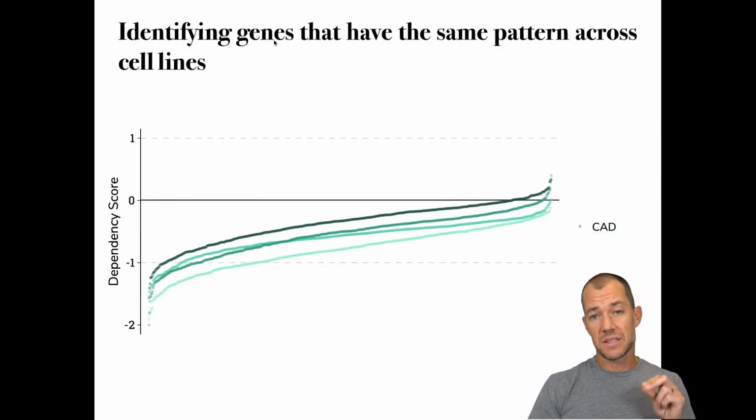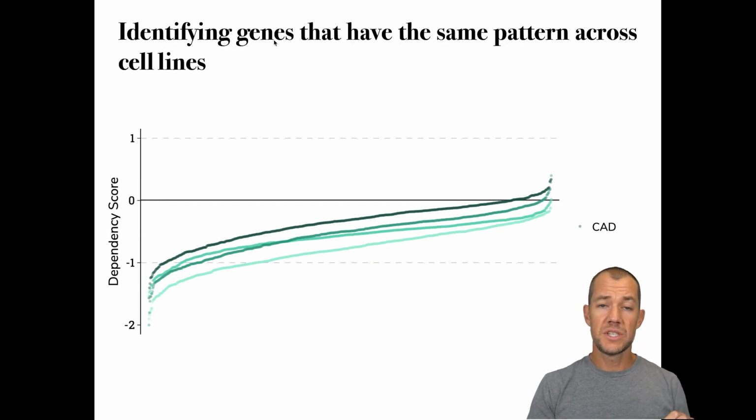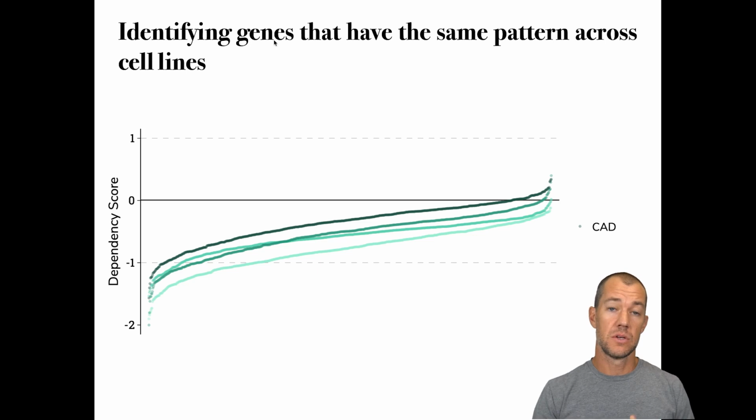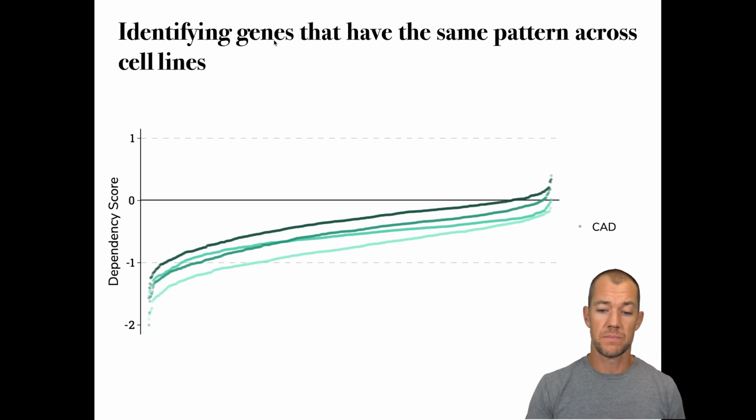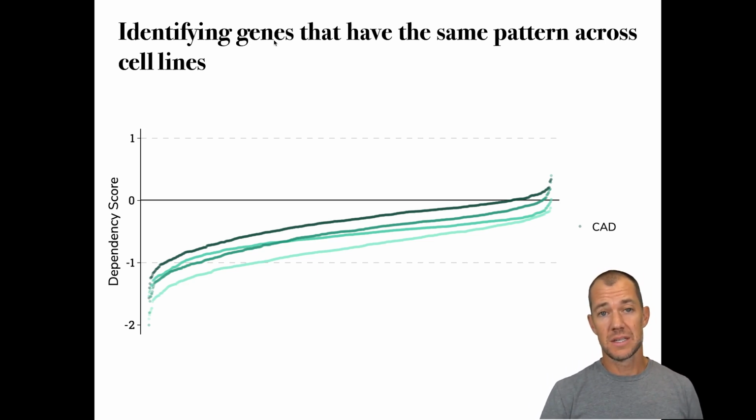If we then ask the question, which cells share a similar pattern of behavior to the CAD knockout, we can find a handful of other genes that behave similarly. This process then allows us to infer something about nucleotide biosynthetic genes. So back to the schematic.